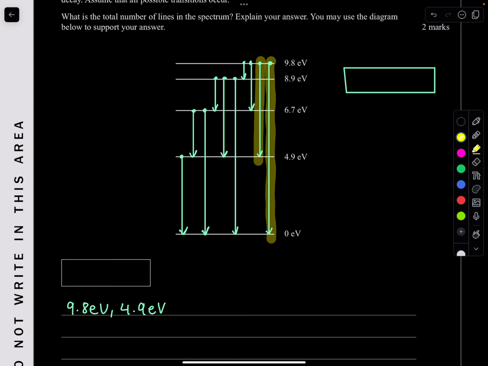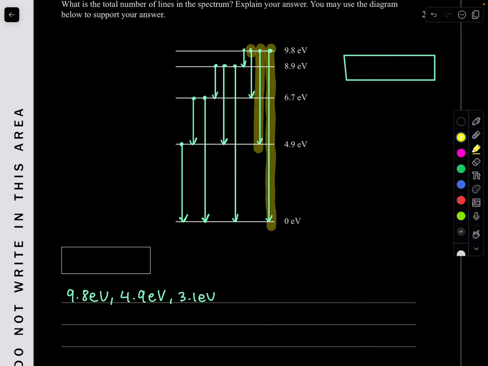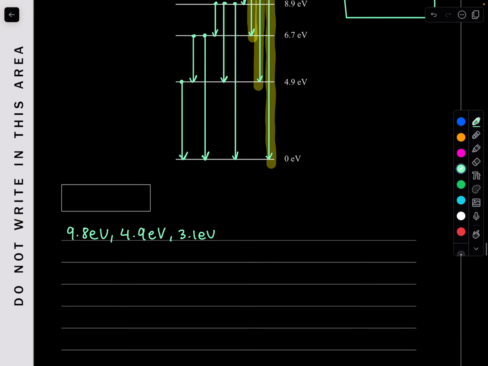The next one is 9.8 minus 6.7, which is 3.1. The next one is 9.8 minus 8.9, which is 0.9 electrovolts.